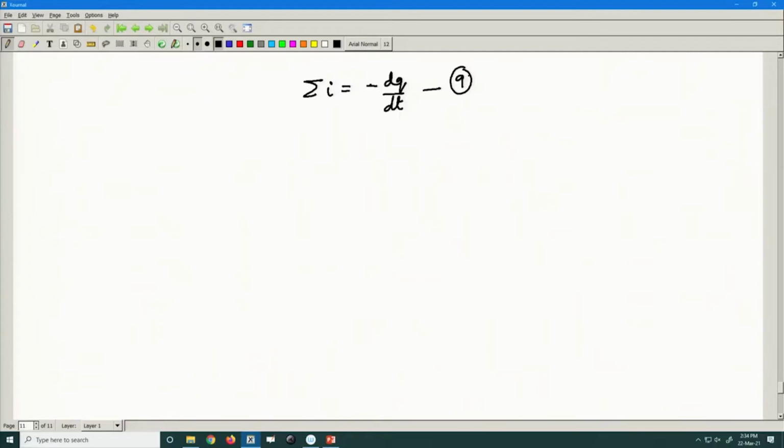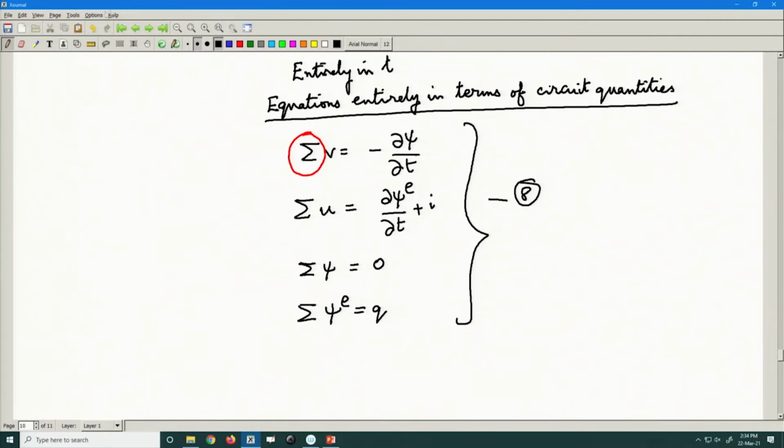Now, if you go back to the first of equation 8, it is a generalized statement of Kirchhoff's voltage law or KVL, because it is linking the summation over EMF to the time rate of change of the magnetic flux. So, it is a general statement of Kirchhoff's voltage law.